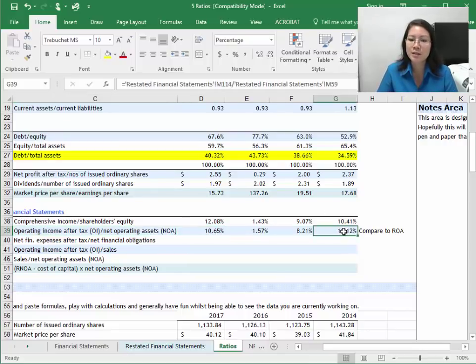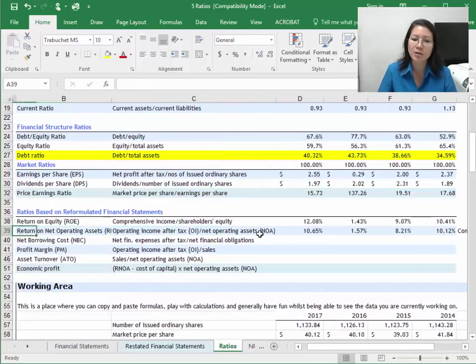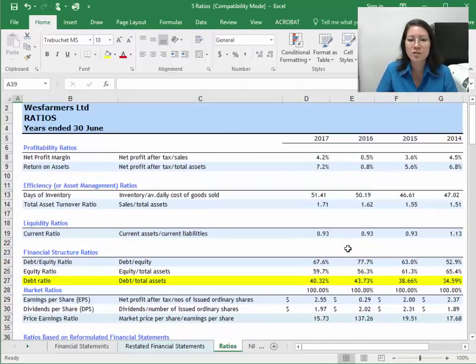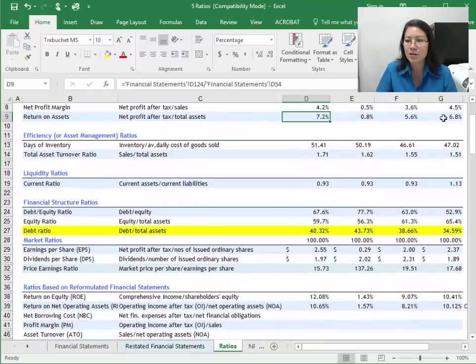So our return on assets, again, is trending fairly constantly. It's about 10% in 2014. It's still about 10%, slightly increasing to 2017. Let's go and compare those figures to our return on assets here. So the trend is the same, but look at the difference in figures. When we've separated out the financing items, our return gets much better.